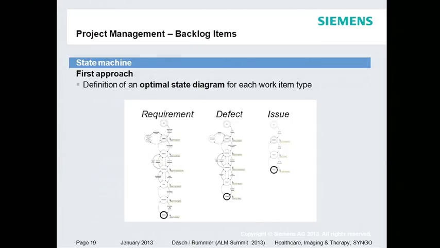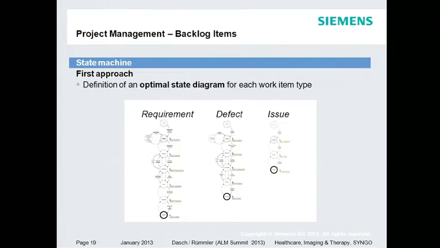When you begin using work items, it's obvious that you try to define or to model all states you have in the real-life artifacts into the state machine of TFS.